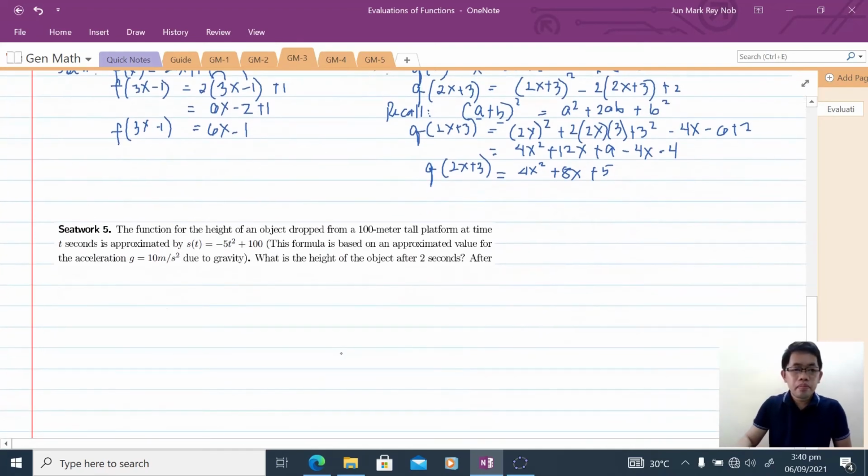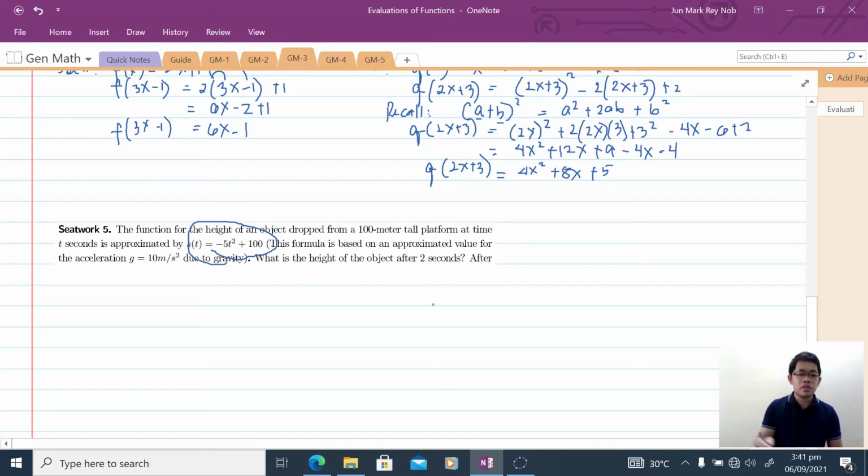Now, let's have this one as our last example. The function for the height of an object dropped from a 100-meter tall platform at time t seconds is approximately given by this equation. What is the height of the object after 2 seconds?